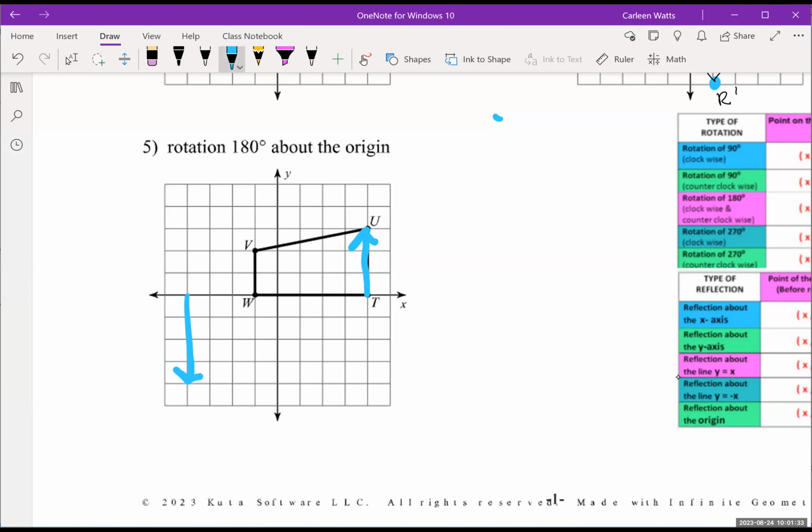Can you see that? It is more of a rotation. We kind of say mirror for a reflection. If you don't like this method, we're going to use the chart.